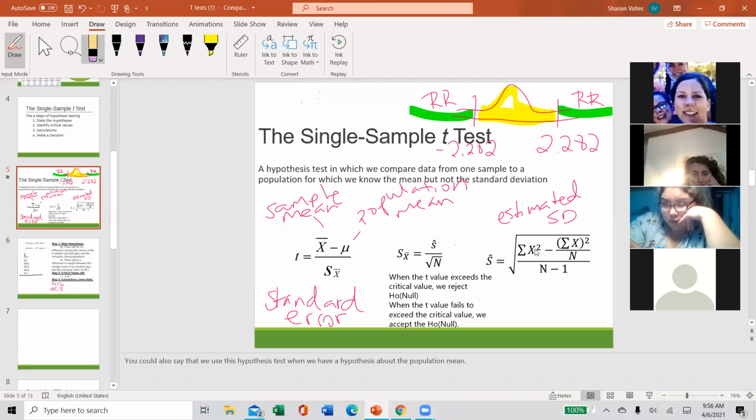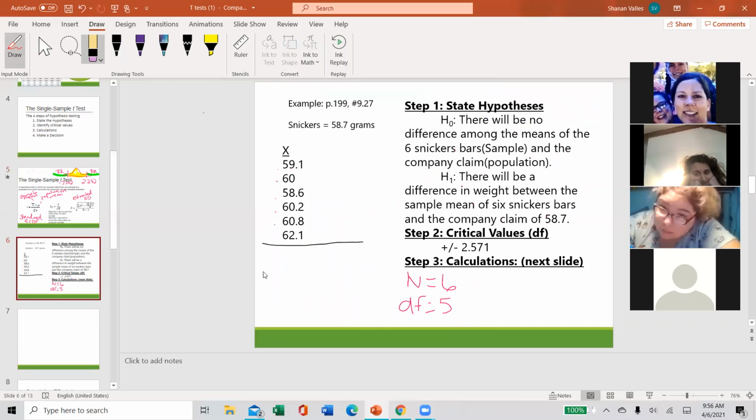We need our sum of our x's squared, and we need our sum of x. Those are two values that we need in order to complete this formula. So let's go back to this slide.